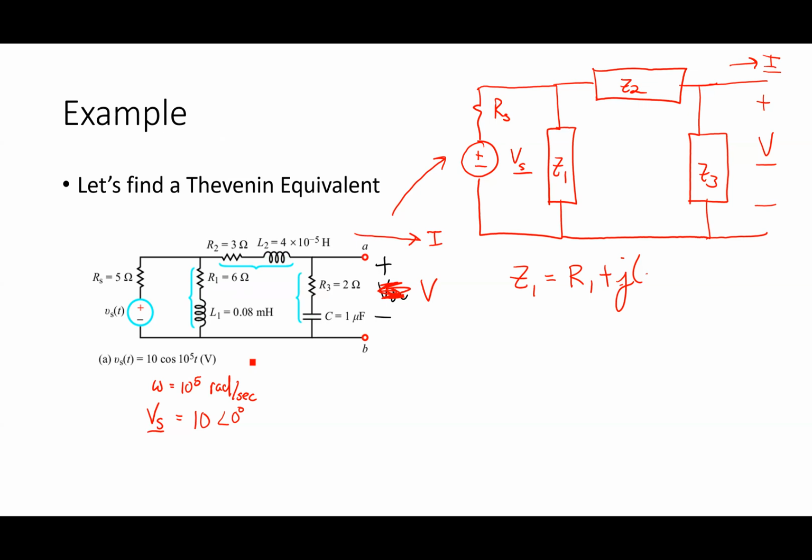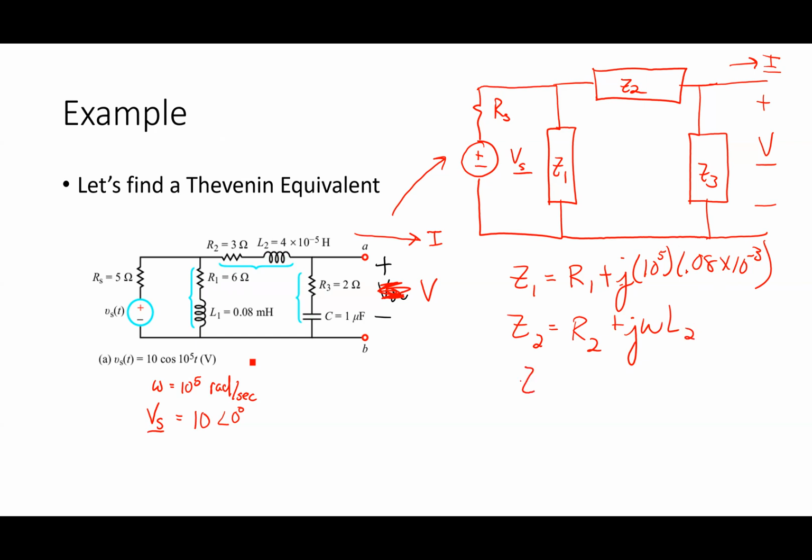J times 10 to the 5th times 0.08 times 10 to the minus 3. And then Z2 would be R2 plus J omega L2, plus its impedance.